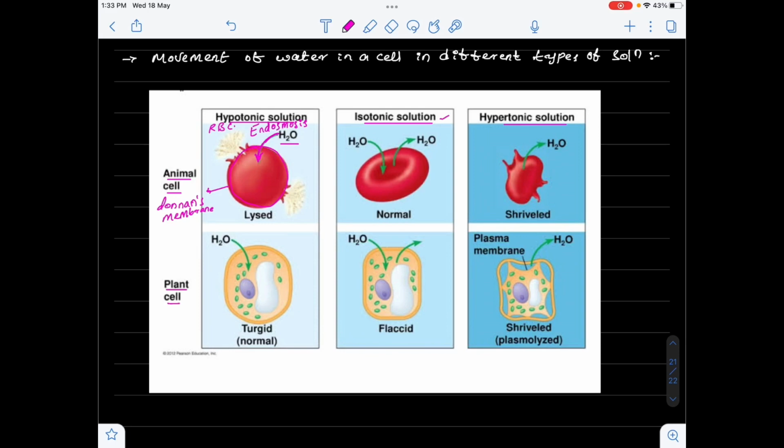Osmotic entry of water inside the cell is called endosmosis. So after some time, this continuous entry of water inside the cell causes pressure on the plasma membrane so that it cannot tolerate the increased pressure of water on this membrane, so that it results in bursting of the membrane of RBC.